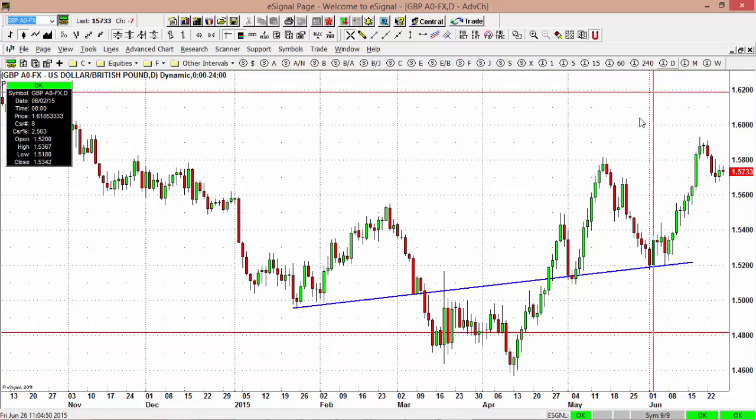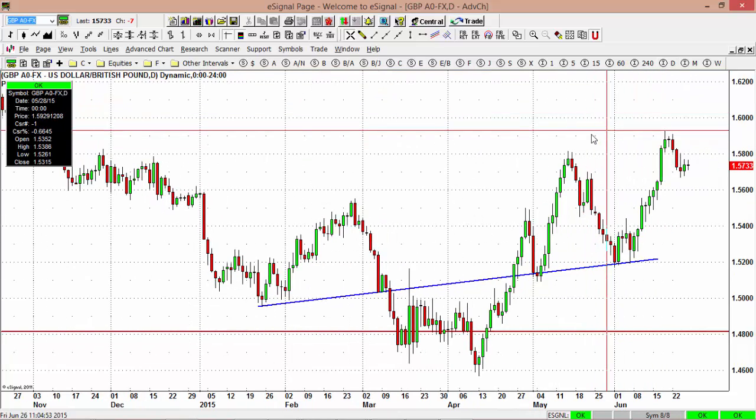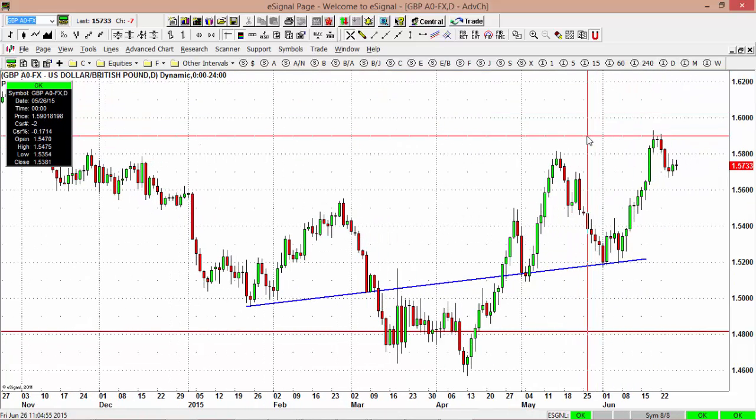Looking at next week, we're going to see if the market can take out this high in the pound. But if we get continued strength in the US dollar, we could see the pound decline from here. So next week will be very interesting to see where the market goes.